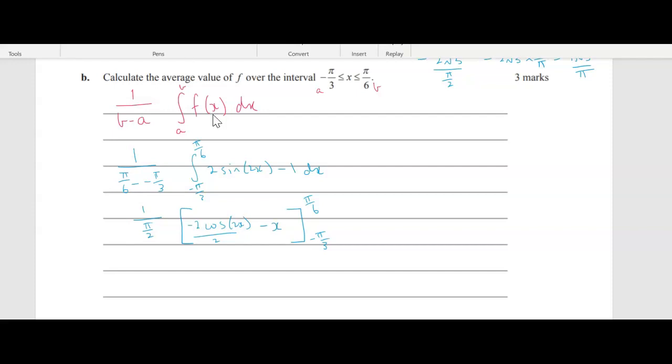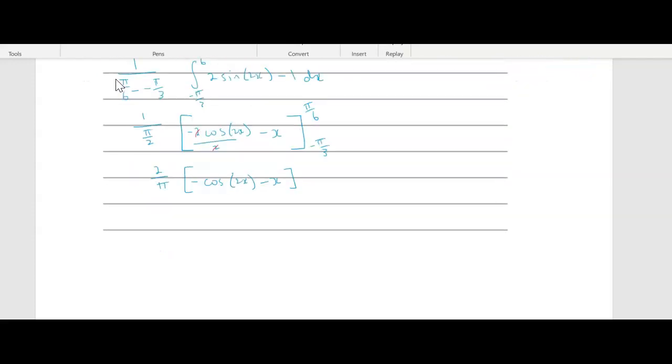Now those 2's will cancel out, so let's just tidy things up before we do our substitution. So 1 divided by pi on 2 becomes 2 on pi, and then we've got negative cos 2x minus x. How much room have they given us?